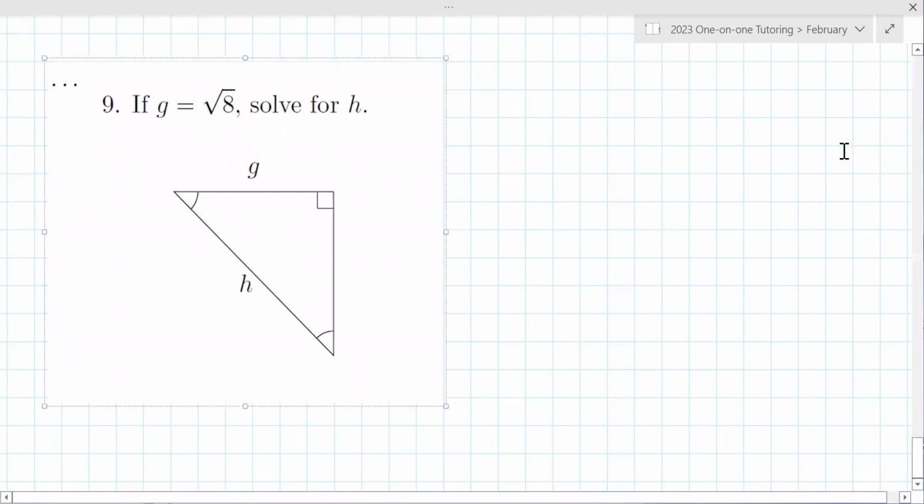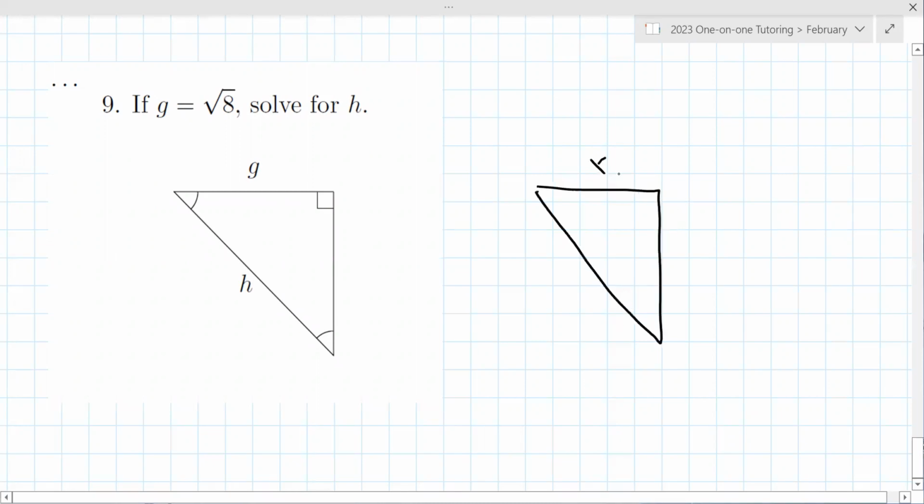So first of all, why is this a 45, 45, 90 triangle? What is it that makes it a 45, 45, 90? Because one of the angles is 90 degrees and the other two are equal. That's right. Okay, so the reference triangle here is that this is x, and this is x root 2.